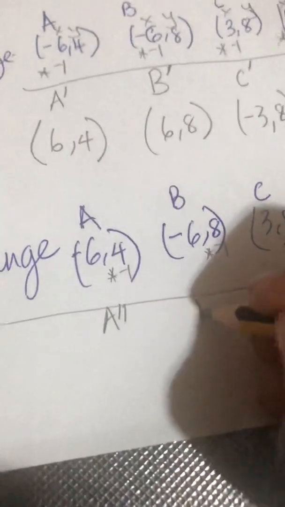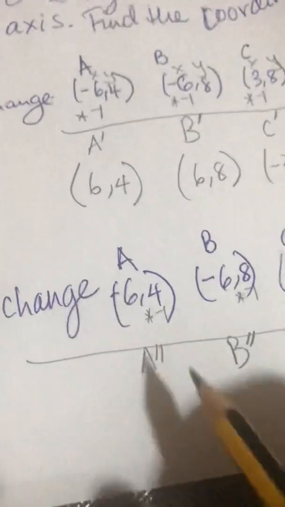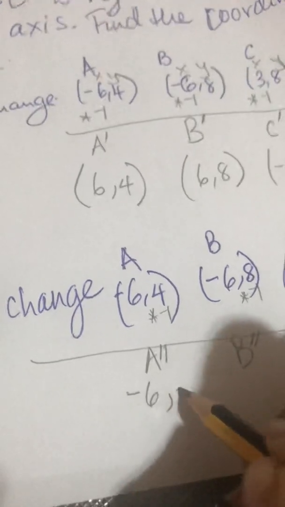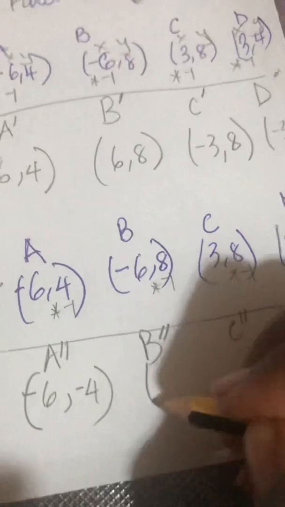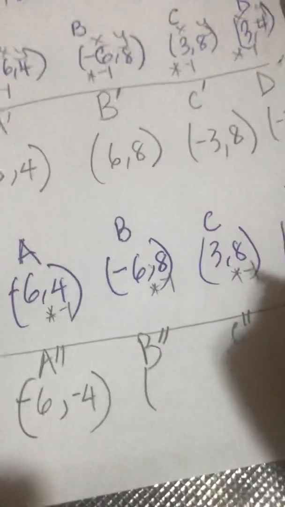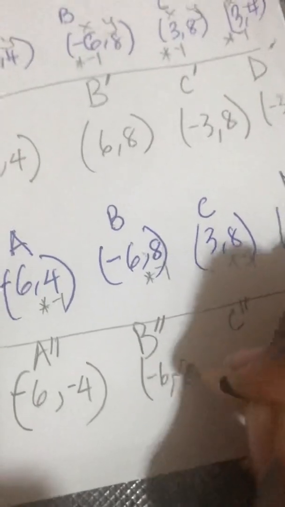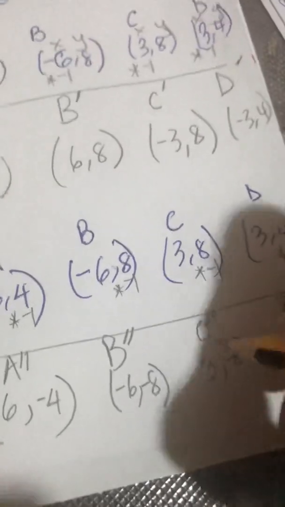Well, it doesn't matter, it depends on the question. But since I'm doing it for the second time, this will be -6, -4. This will be -6, -8. This will be 3, -8.